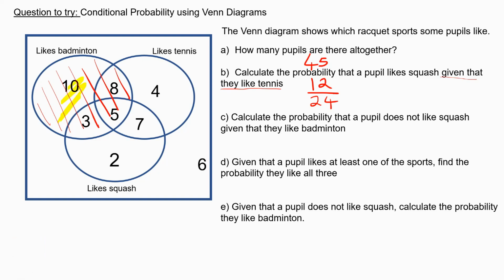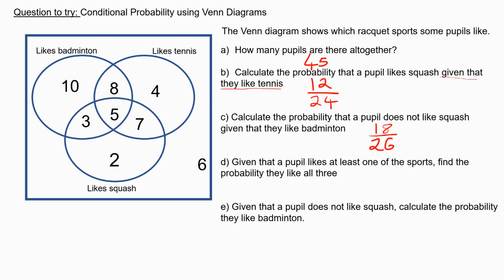So that's going to be these pupils here. So the probability is going to be 10 plus 8, which is 18, out of the total size of the badminton circle, which is 10 plus 8 plus 3 plus 5, so that's 26. So it's going to be 18 out of 26.